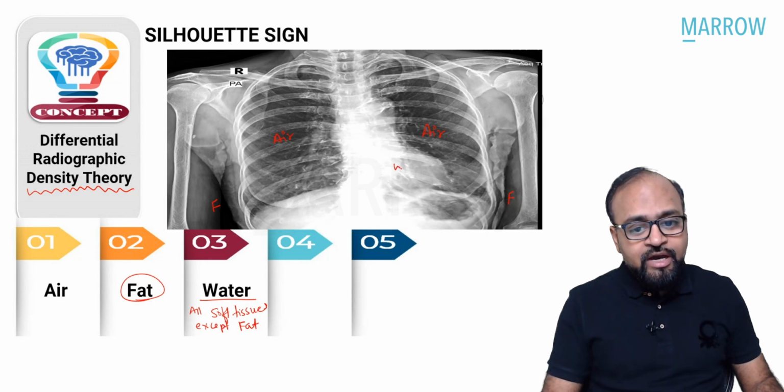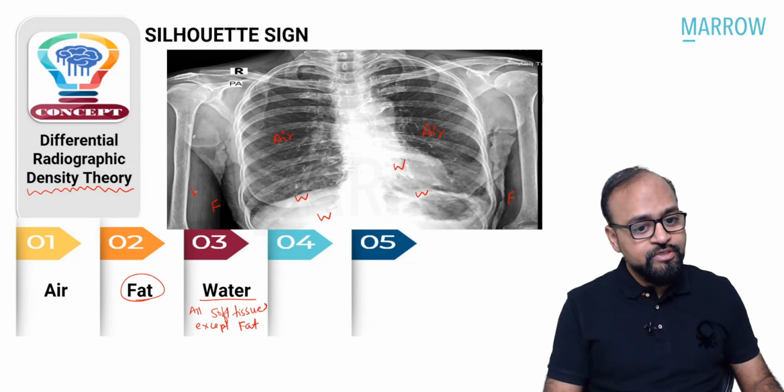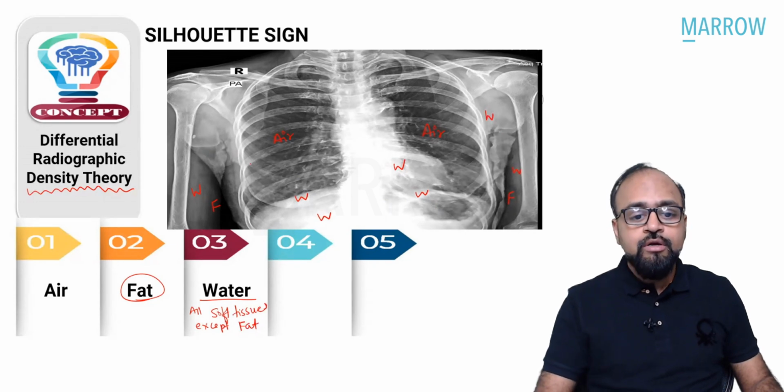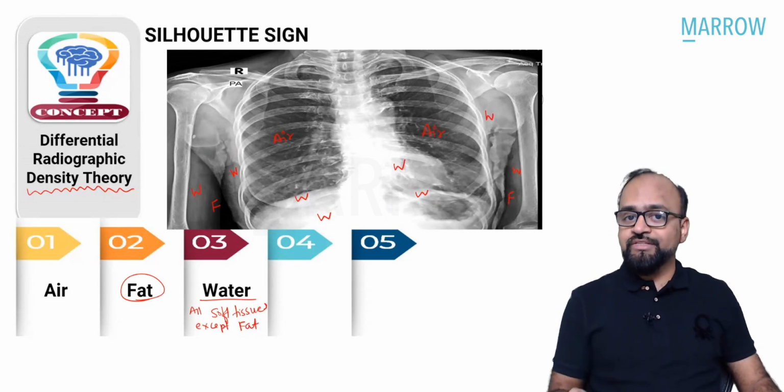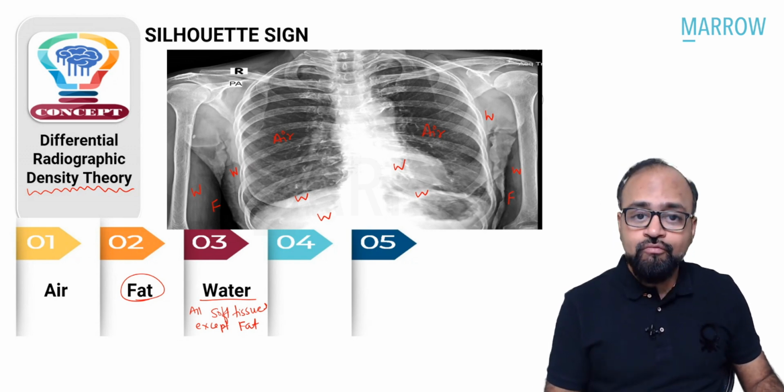So if you look at the heart, it is water density. The diaphragm, it is water density. The abdominal soft tissues, water density. The muscles around the humerus here, water density. The chest wall muscles, water density.